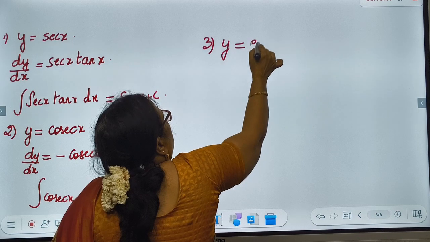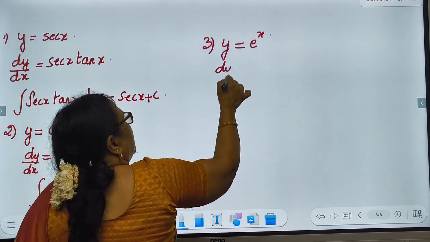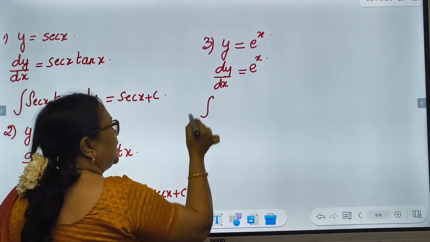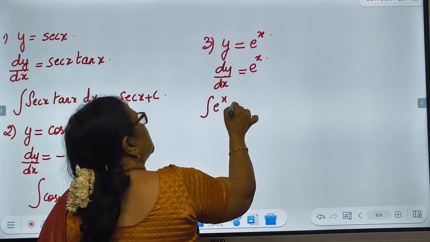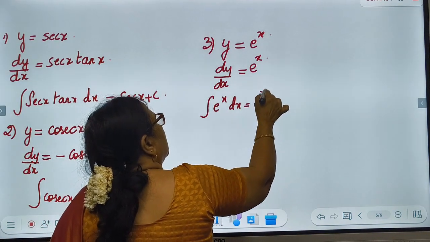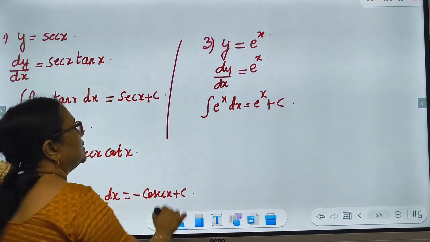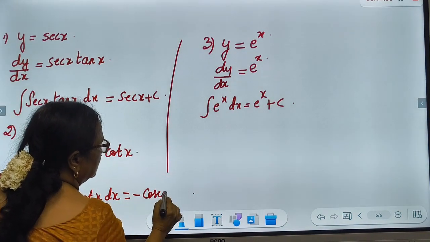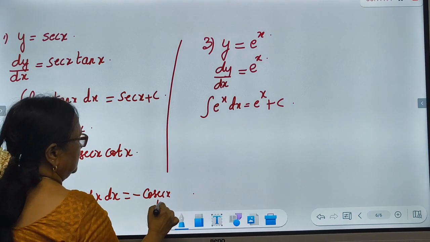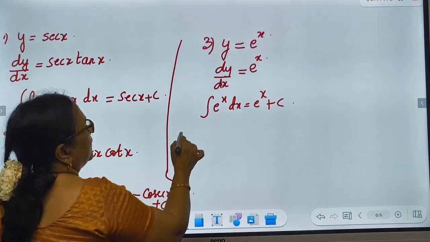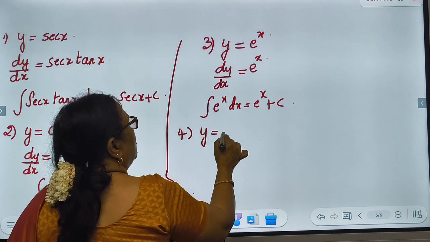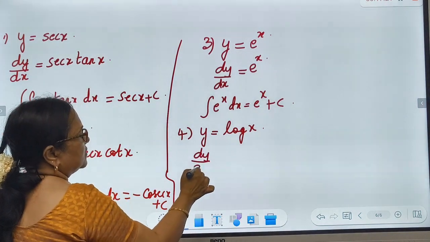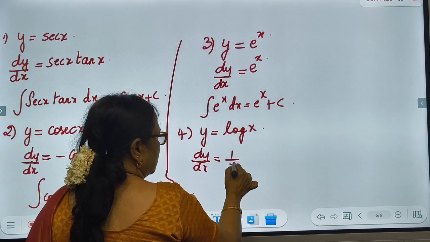Now y equals e power x. You know that dy by dx is also e power x. So integral of e power x dx will be e power x plus c. Now if y equals log x, dy by dx is 1 by x.